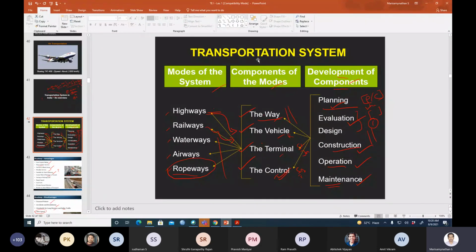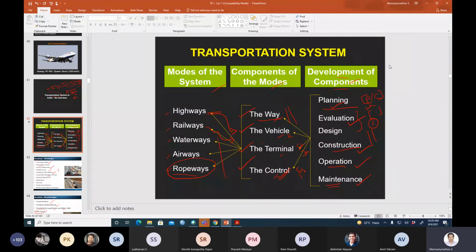Not only the components, otherwise it would be narrowed down. So you can refer to it as the three major pillars, or three practically implemented categories, of the transportation system: modes, components, and the development of components. This is the way you can explain the transportation system.